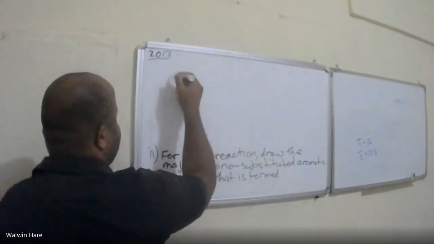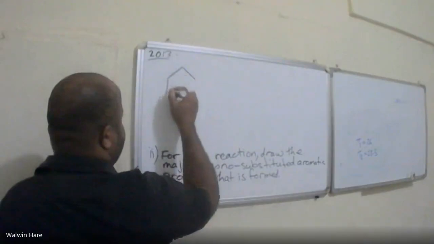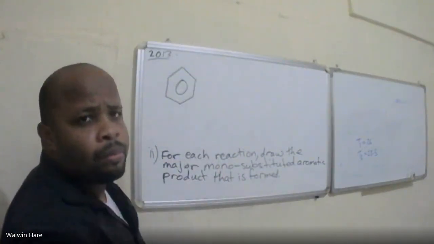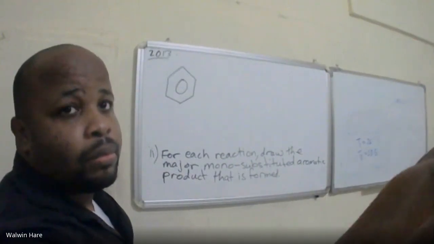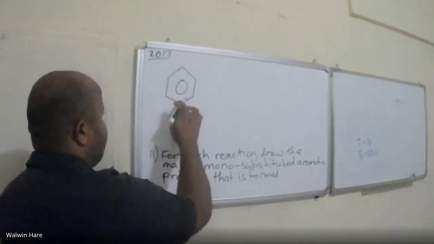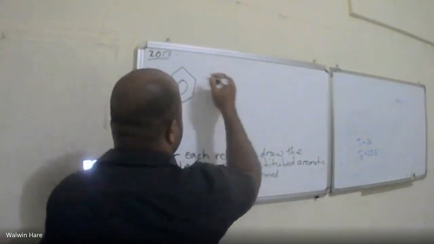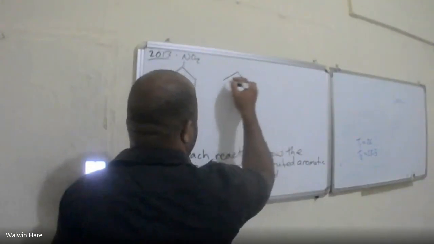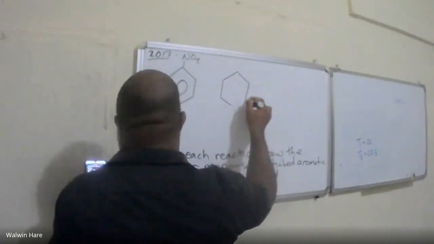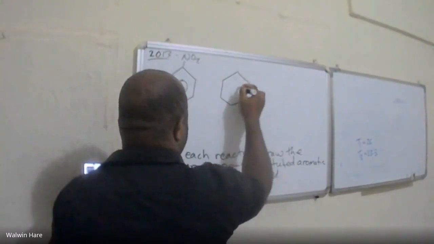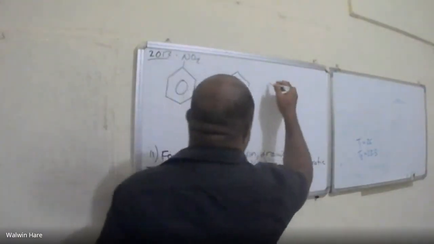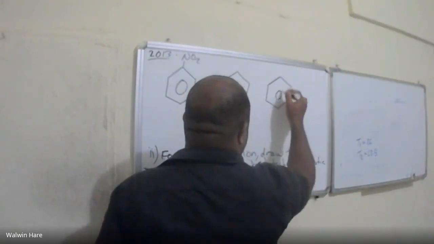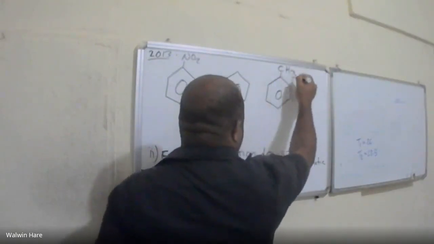Alright, so we have nitrobenzene, we have nitrobenzene, on the nitro group, we have benzene, and we have methylbenzene.